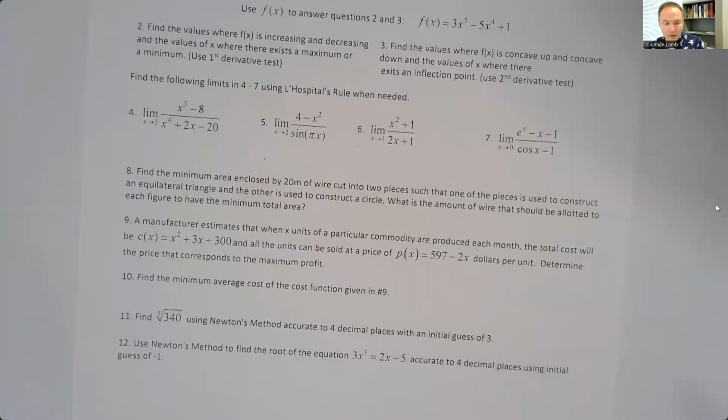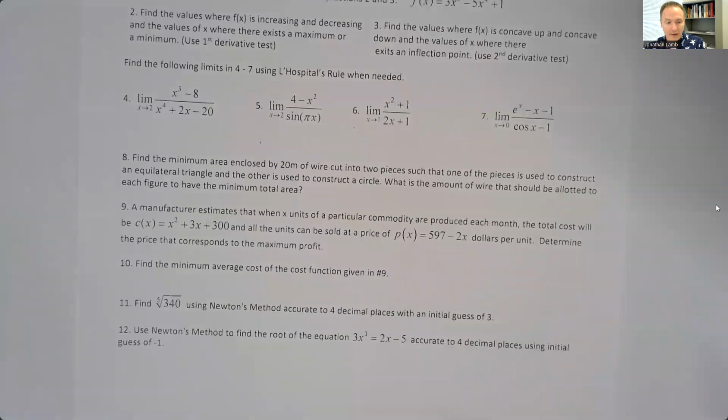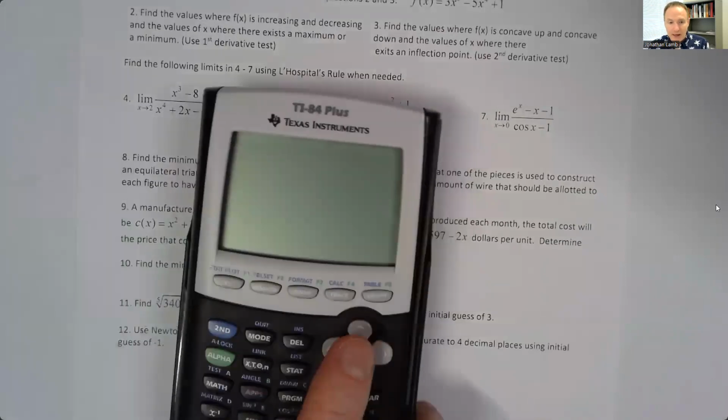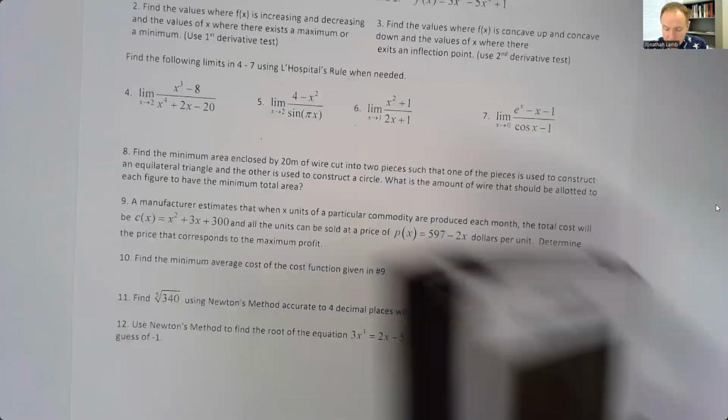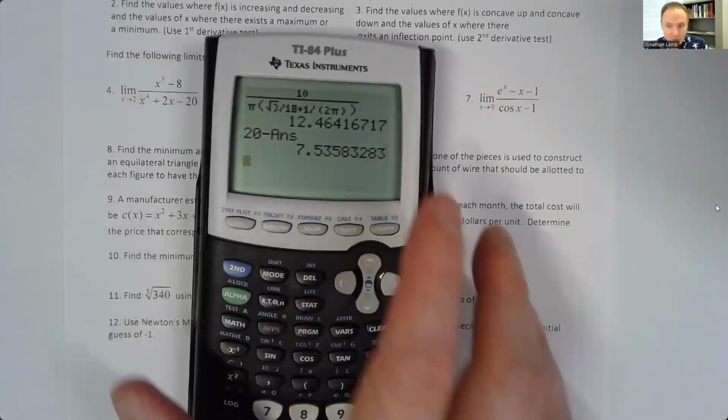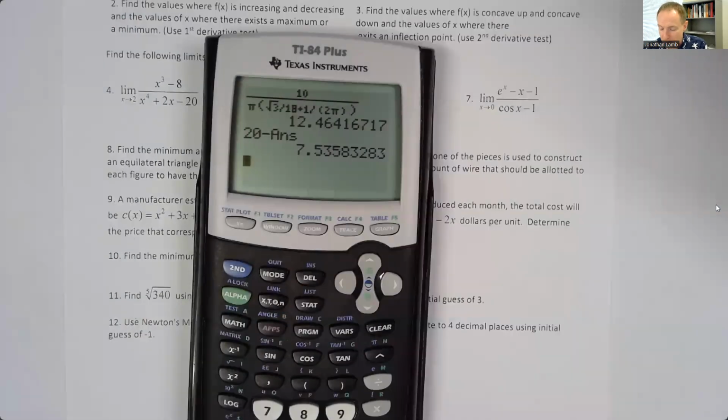I'll give you a problem where I ask you something like, find the root of some specific number with Newton's method. Now, that doesn't mean I can just go to my calculator. He's wanting me to find out what the fifth root of 340 is. I know the fifth root is the same thing as the 1/5 power.